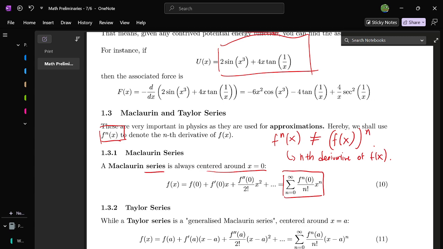What you have to do beforehand is keep differentiating f(x) with respect to x, n times. And after you do it n times, you have to sub in x equals 0 into each of these derivatives and evaluate all the derivatives at x equals 0. Then you just sub it into this formula and it will all work out.